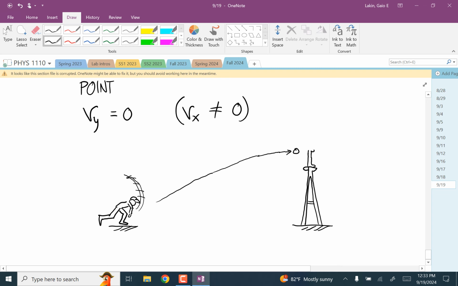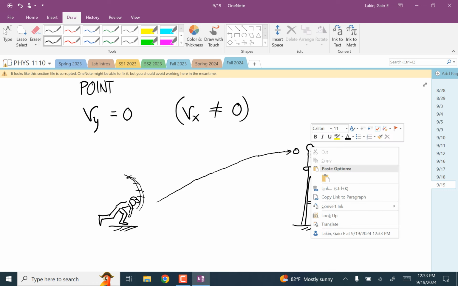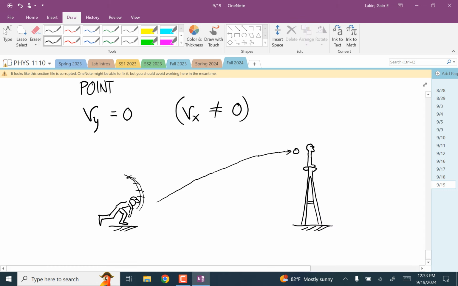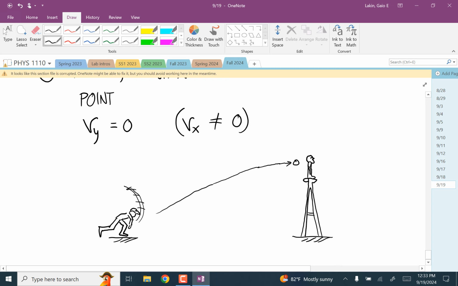I don't know why you're so short, but this is you. So you put a ladder out there, and you wanted to prove that when this ball reaches its highest point, the velocity is equal to 0.